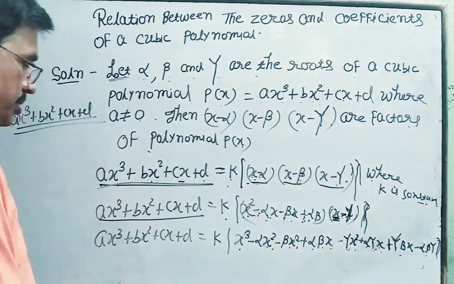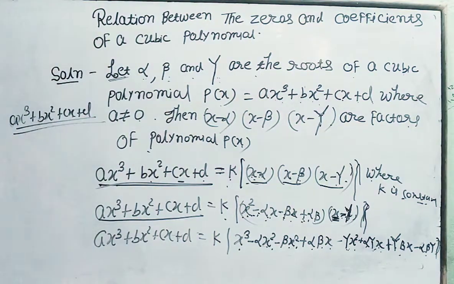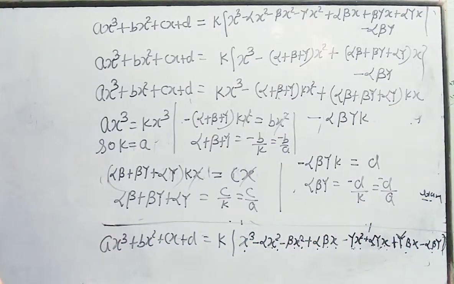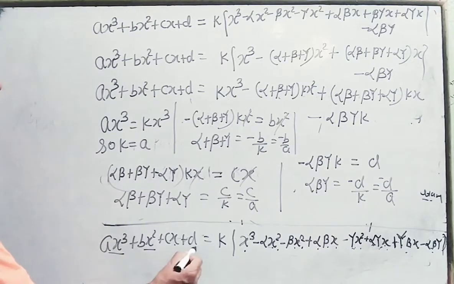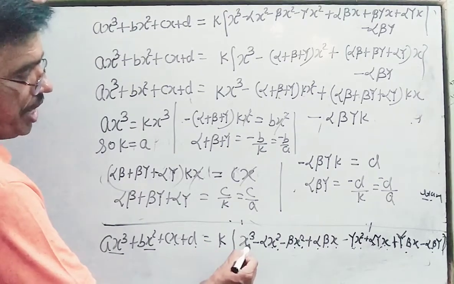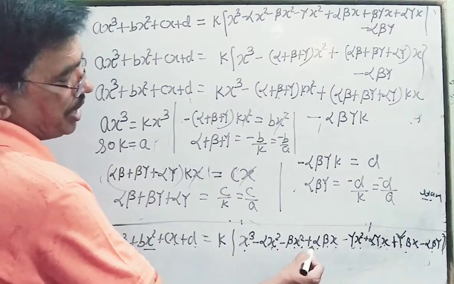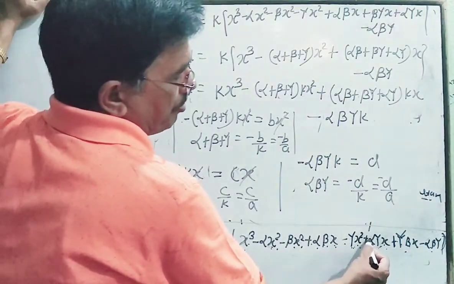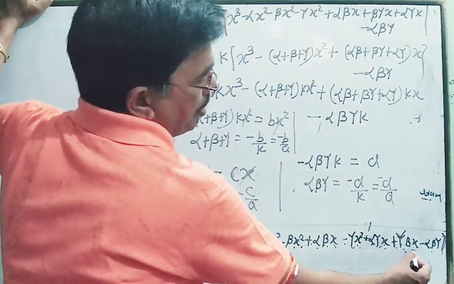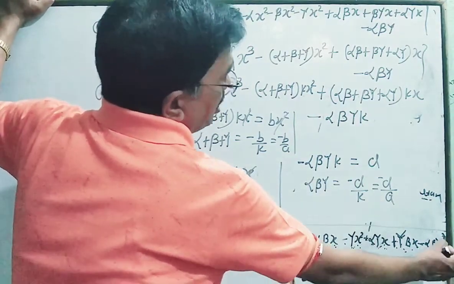And now the next step. Now ax cube plus bx square plus cx plus d is equal to k times (x cube minus alpha x square minus beta x square plus alpha beta x minus gamma x square plus alpha gamma x plus gamma beta x minus alpha beta gamma).